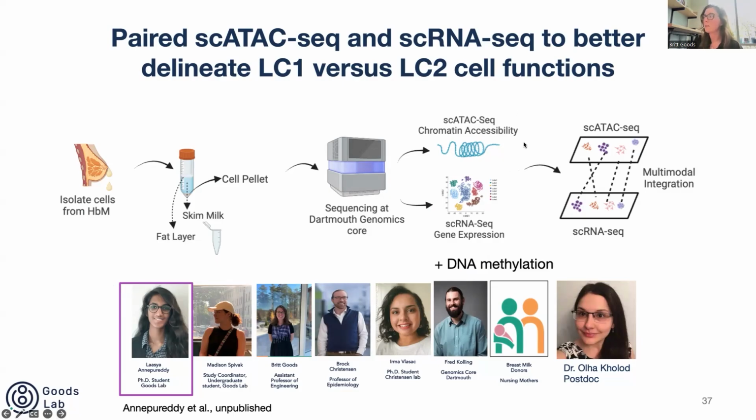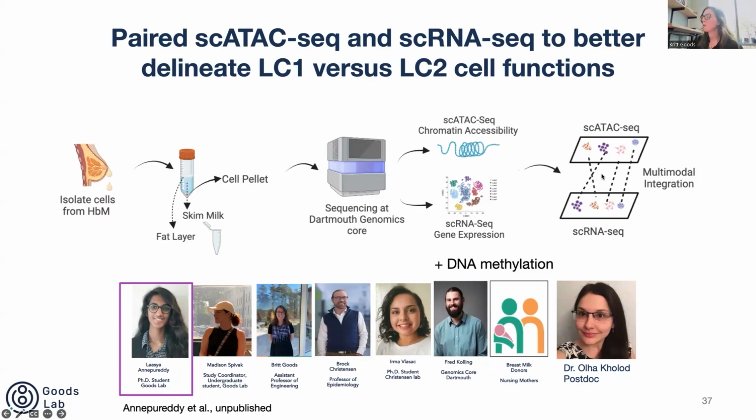There was a lot of optimization that had to be done to actually generate our multi-omic data that pairs single cell ATAC and single cell RNA-seq together due to some optimization around lysis times for actually generating this data. All right, and so what did we do? So isolated cells from human breast milk, we collected the cell pellet, and then we performed multi-omic analyses. So this is paired single cell ATAC data and then single cell RNA-seq data.